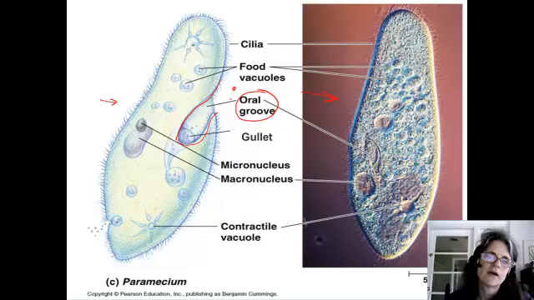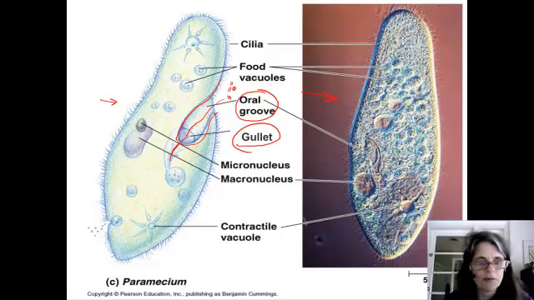And if there was a food item, some food here, he'd slide up next to the food, and the food would go in here into his gullet, which is kind of like a throat, but remember this is a one-celled organism. And then the food would go into a food vacuole. A lysosome would fuse with the food vacuole and digest the food.